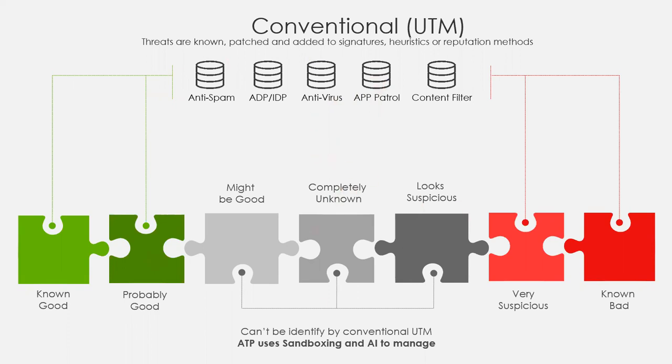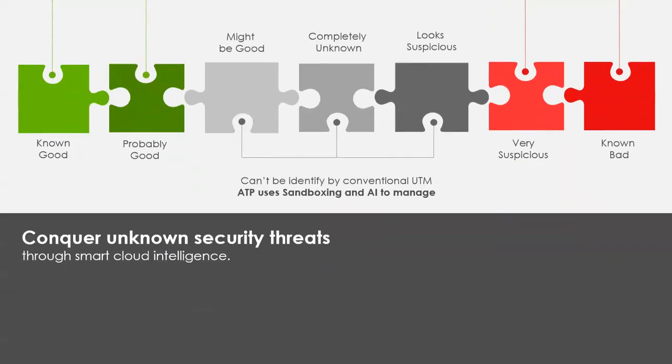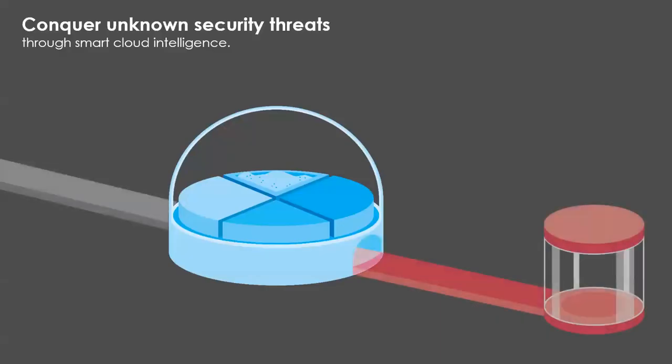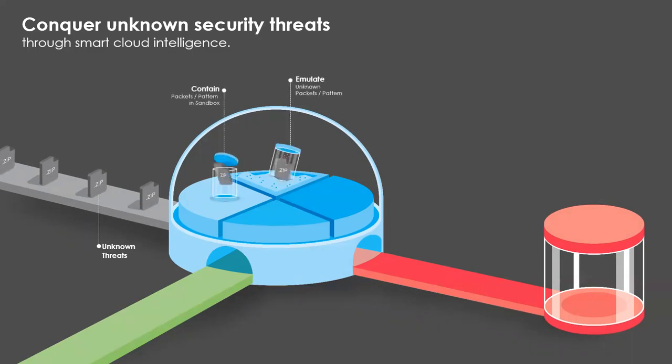So ATP is designed to solve this issue here in the middle of these packets where we don't know if they're good or they're bad. We do that by sandboxing this stuff and then uploading it to the cloud and using artificial intelligence and simulations to try to figure out what is going on with this traffic that we don't normally recognize.